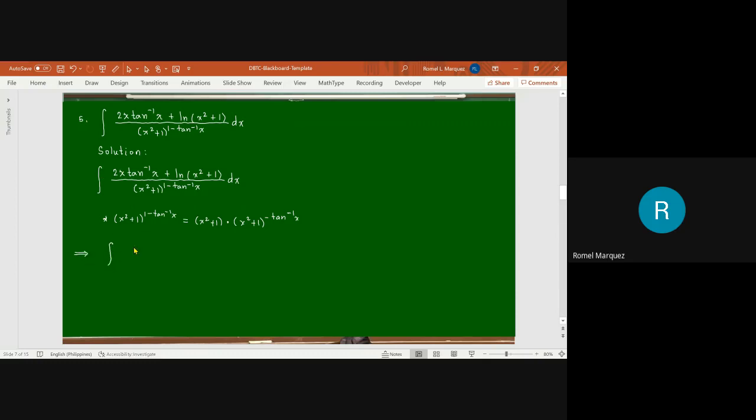This is their common denominator, right? Guys? Yes po. So we now have x squared plus 1 raised to negative tangent inverse of x.